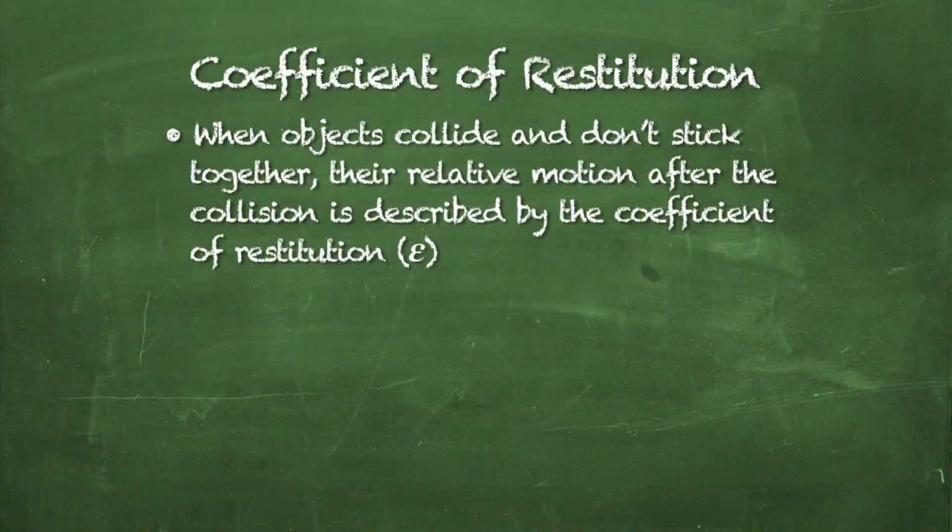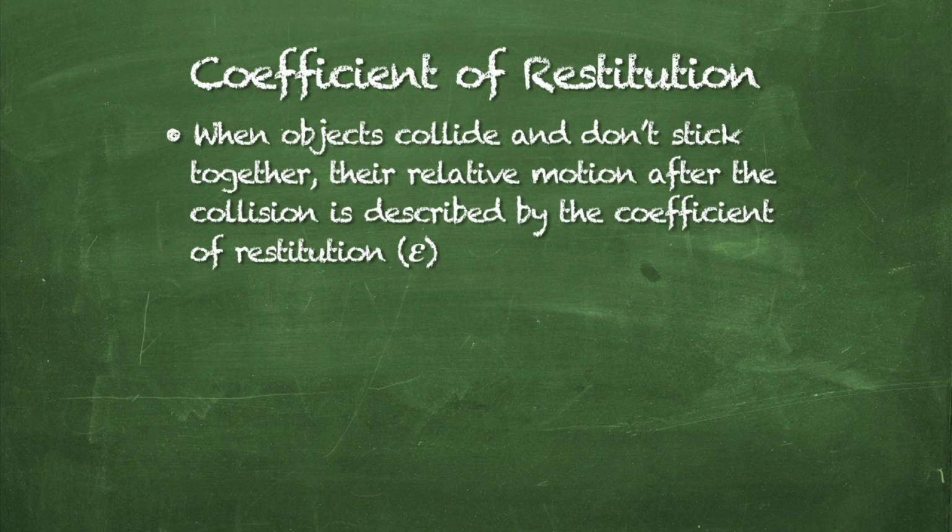So, when objects collide and they don't stick together, their relative motion after the collision is described by the coefficient of restitution, symbolized with a script letter E.